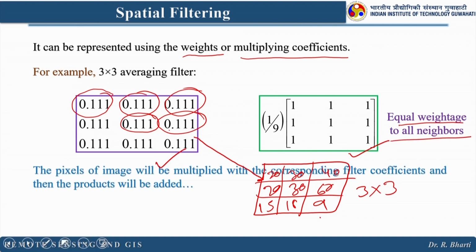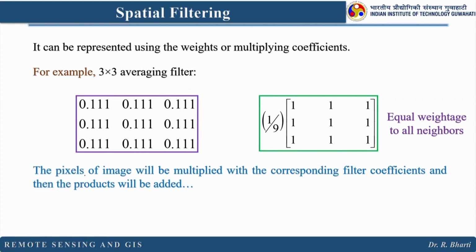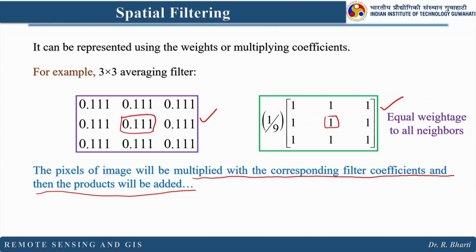The last point is the pixel of the image will be multiplied with the corresponding filter coefficient and then the products will be added. This is the simple logic for averaging. Here we have the averaging filter, either this or this, where the neighboring pixel values are not getting changed and we are simply doing the averaging for the central pixel. So these are weights and multiplying coefficients, and your image DN values will be different.